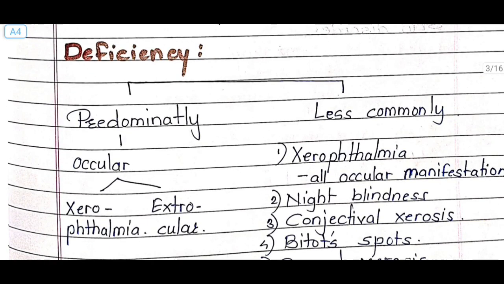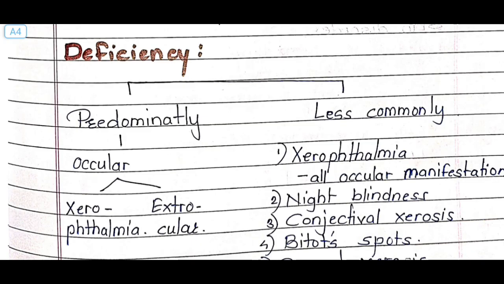So what happens if a vitamin A deficiency occurs in our body? There are two types in the deficiency: predominantly what happens, and less commonly what happens.